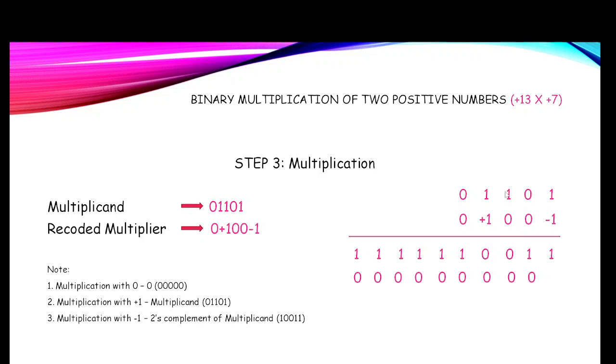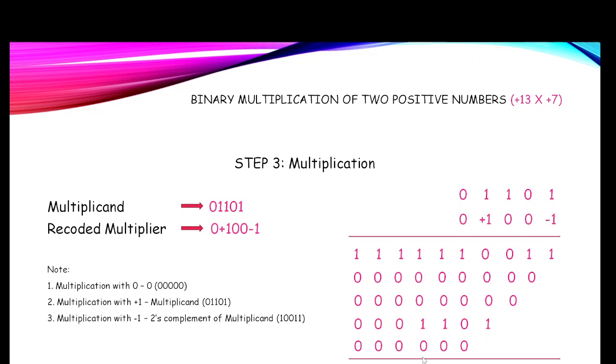Again 0 multiplied with 0, so I append the MSB 0 with the rest of the bits. Plus 1 multiplied with the multiplicand gives 0 1 1 0 1. My MSB ended with 0, so I have to append 2 zeros. The last partial product is 0 times anything, so I just append 0 as an extension.